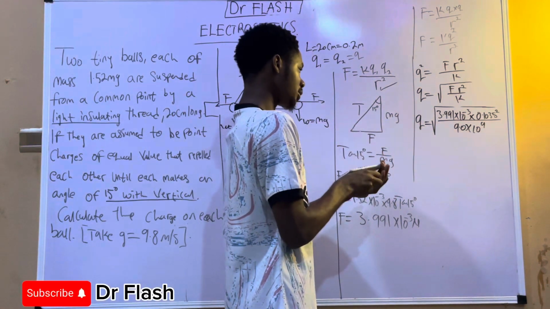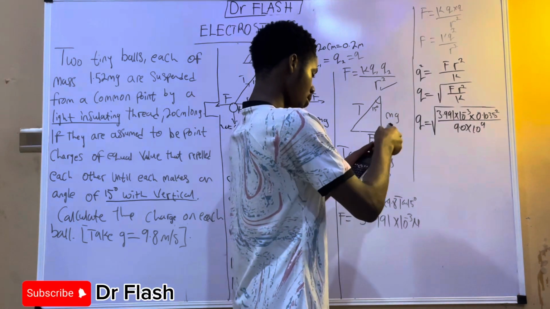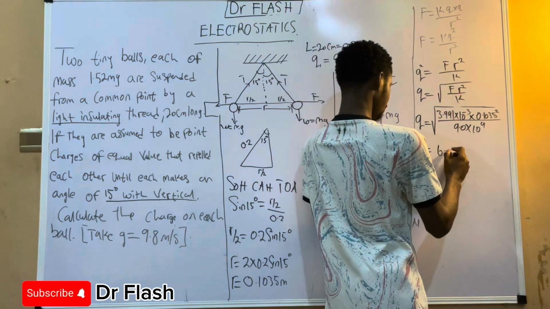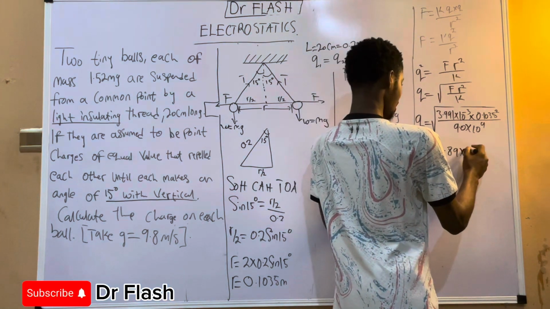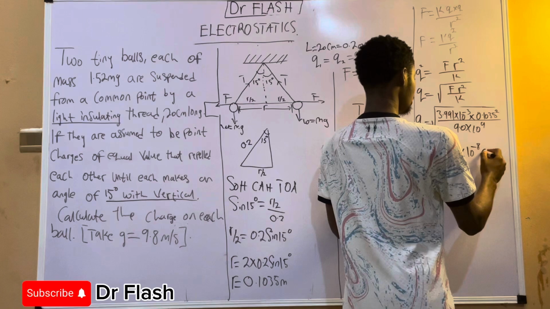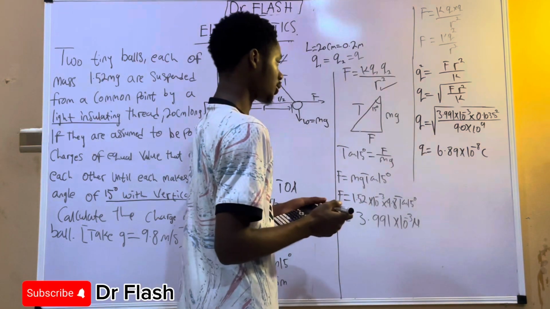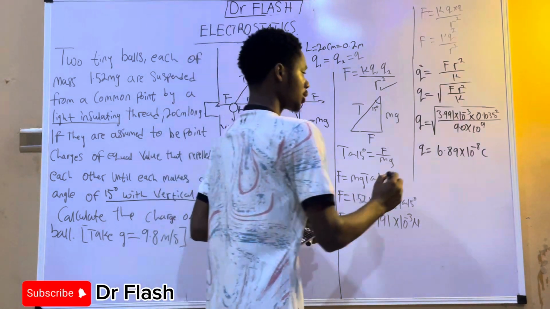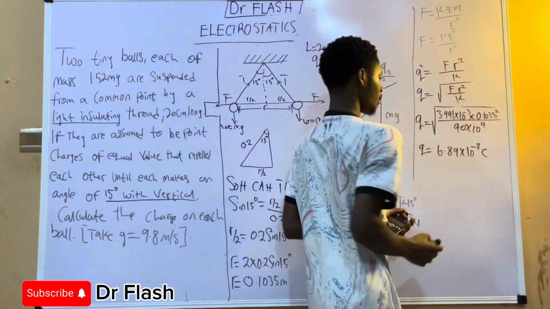It's going to give us a value for Q of 6.89 times 10 to the power of minus 8 coulombs. That's the unit for electric charge. Electric charge is measured in coulombs, so we have C here, which is charge.